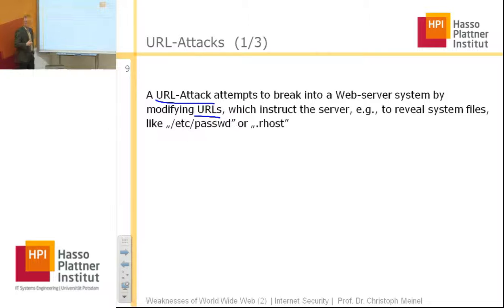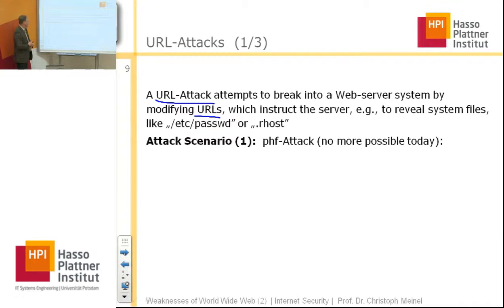The idea of this modification is to instruct the server to reveal some very important and serious system files, like the password file or others, to the attacker, so that the attacker can use this information for a later break-in.